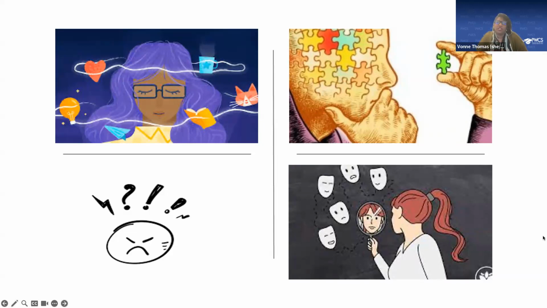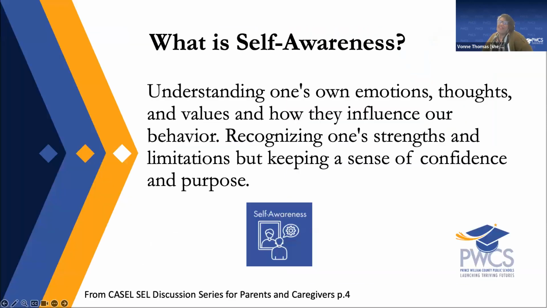Looking at these 4 pictures, which one do you think this could be? I see self-awareness, self-awareness, self-awareness. And we are correct. As soon as my slide changes, it is self-awareness.